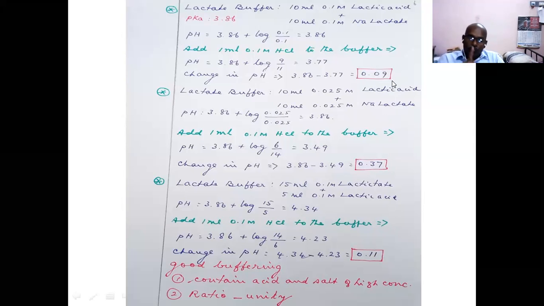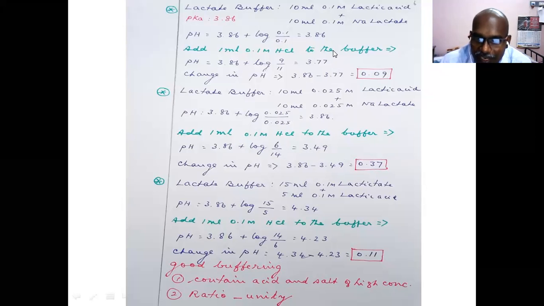Therefore, if you want to make a very good buffer, you should take the acid and the salt at high concentration. Look here, here it is a high concentration, here it is a low concentration. When you took the acid and the salt at low concentrations, the change was much.